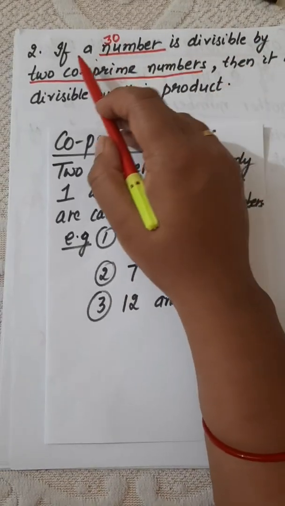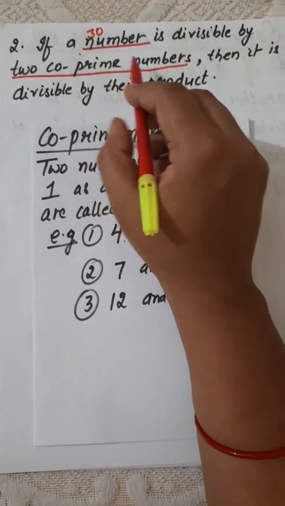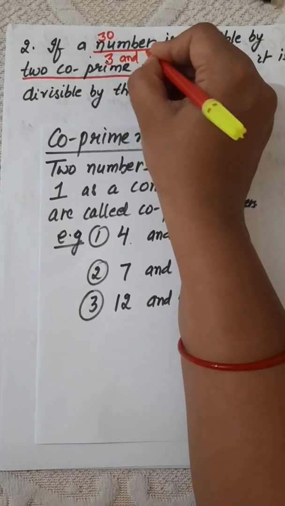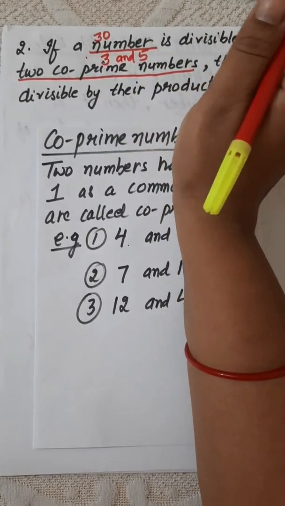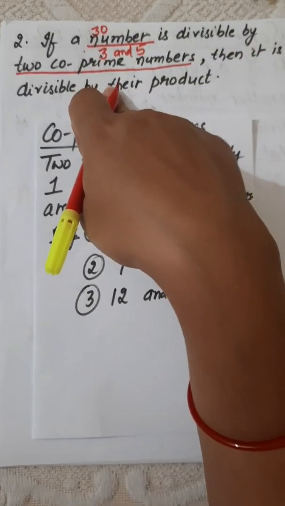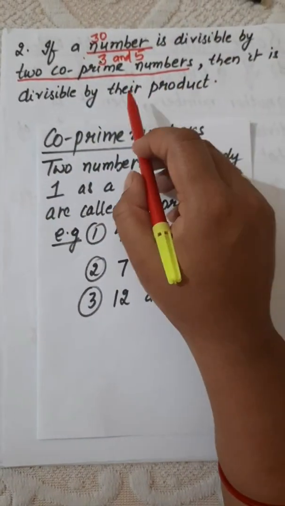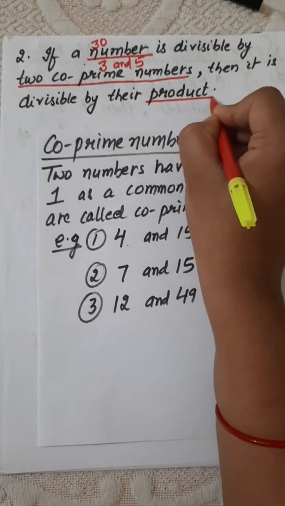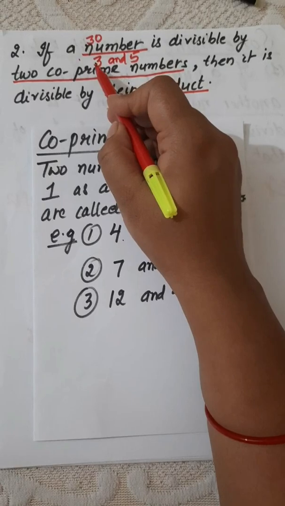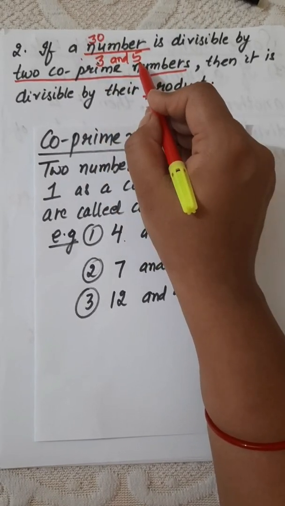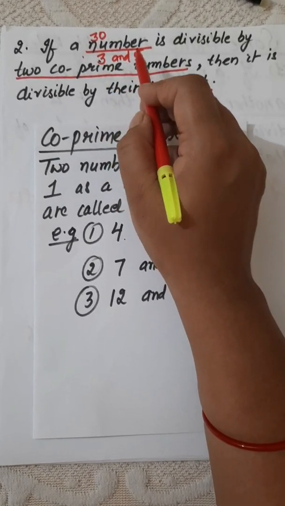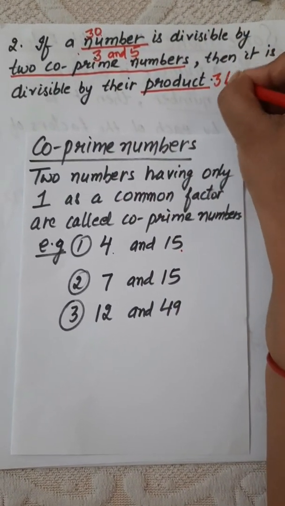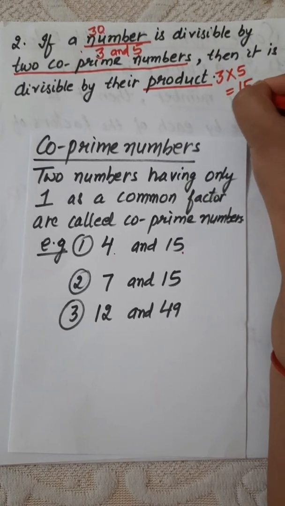So according to the rule, if a number is divisible by two co-prime numbers, let the first co-prime number be 3 and the other 5. Here 3 and 5 are co-prime because the common factor between 3 and 5 is 1 only. If a number is divisible by two co-prime numbers, then it is divisible by their product. It means if 30 is divisible by 3 and by 5, and both 3 and 5 are co-prime, then 30 is divisible by their product, 3 multiplied by 5.